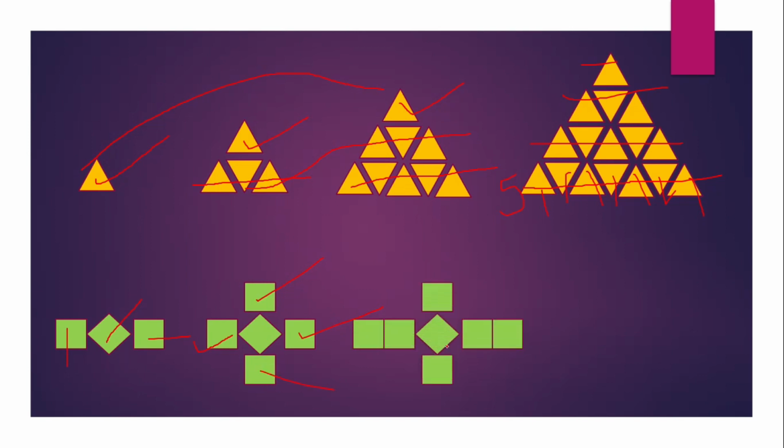Similarly, in the next one you find these squares in the same way, and what we did is add 1 square to the left and to the right as we had in the first figure. Then in the second one we added 1 square at the top and the bottom, and now we added 1 square at the left and the right.